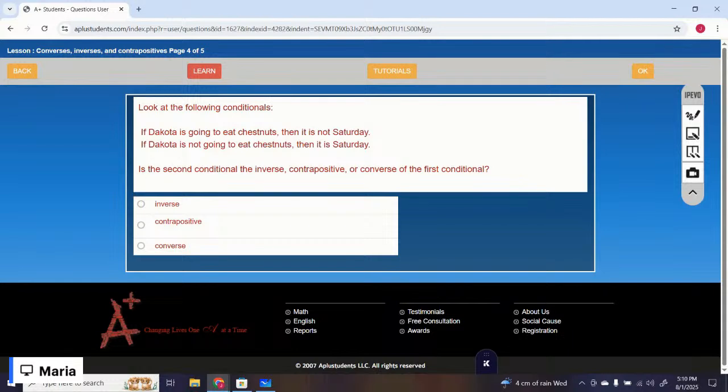Look at the following conditionals. If Dakota is going to eat chestnuts, then it is not Saturday. If Dakota is not going to eat chestnut, then it is Saturday. Is the second conditional the inverse, contrapositive, or converse of the first conditional?